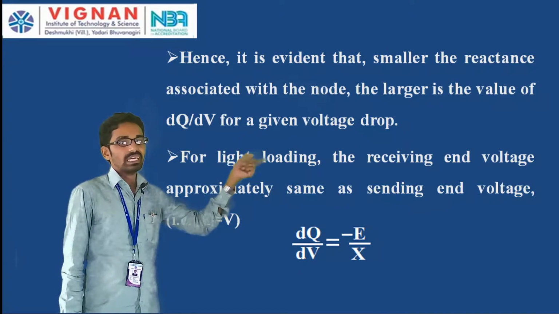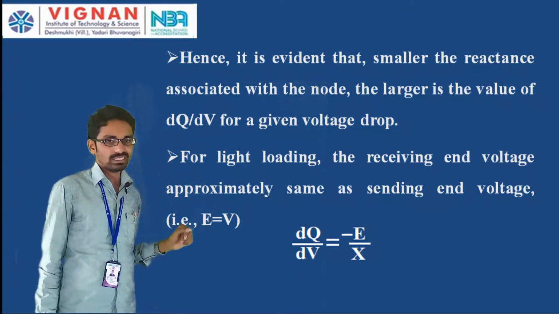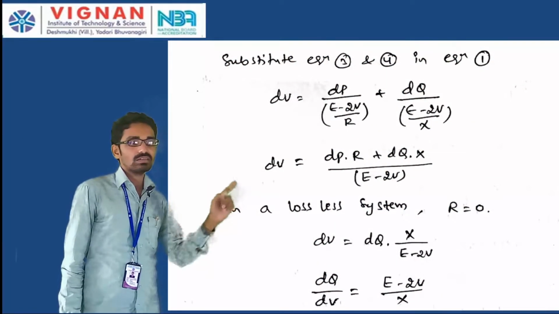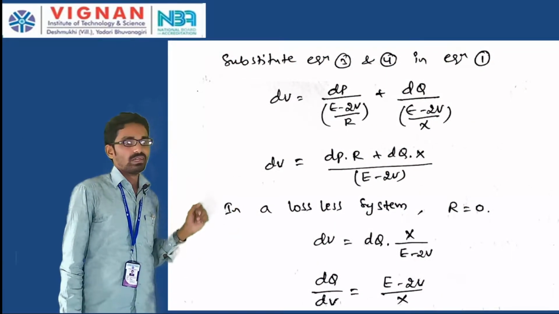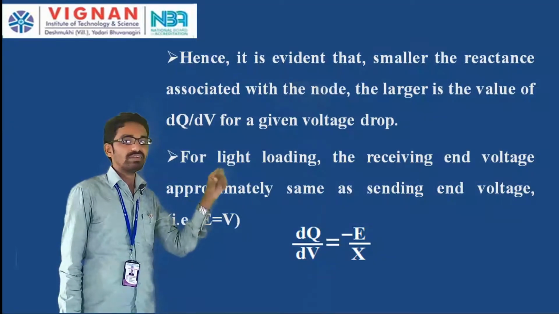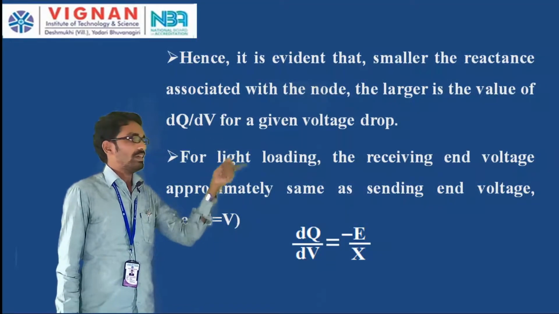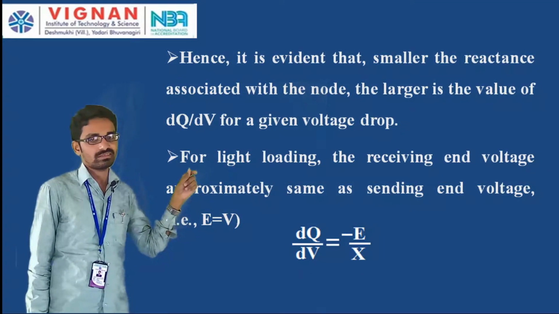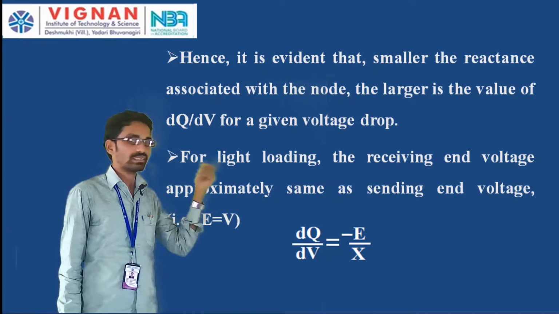For a given voltage drop, dQ by dV is very large when the reactance is low.